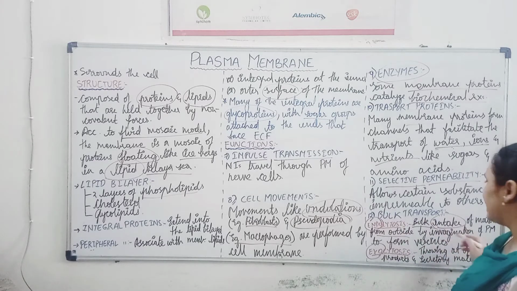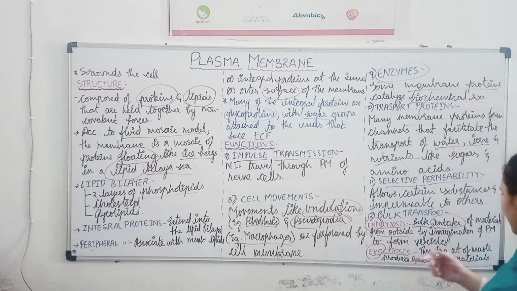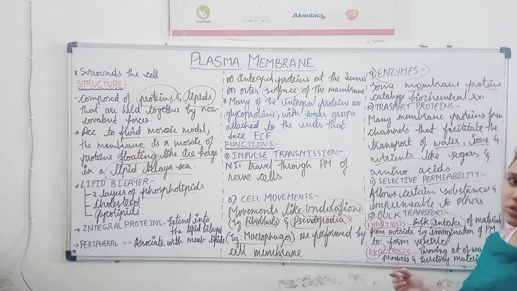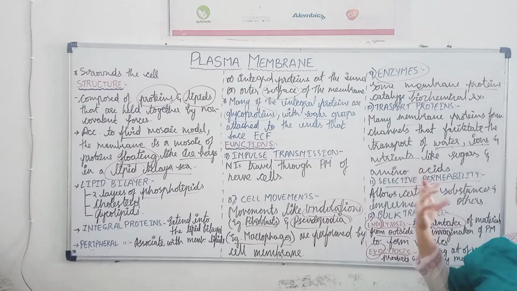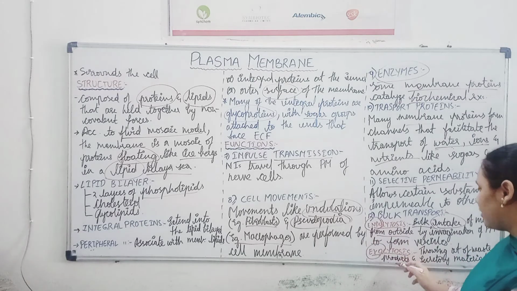I told you invagination is the inside out turning of the plasma membrane. So through this process the outside materials are taken inside the cell in the form of vesicles by a process called endocytosis.